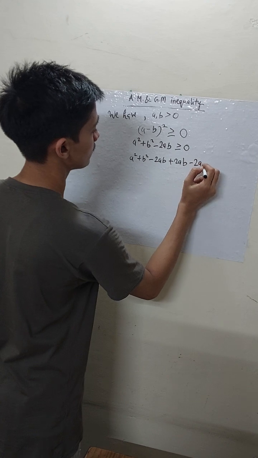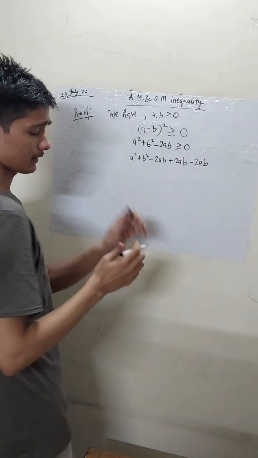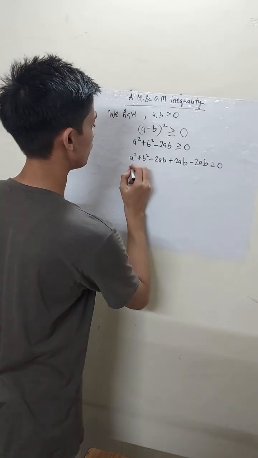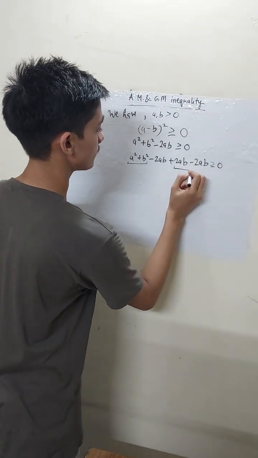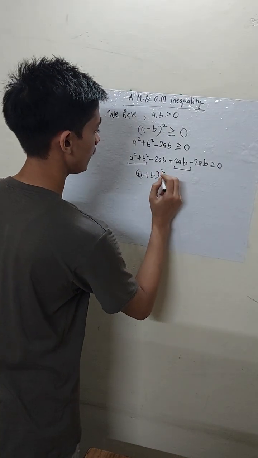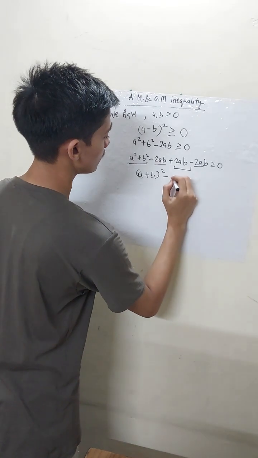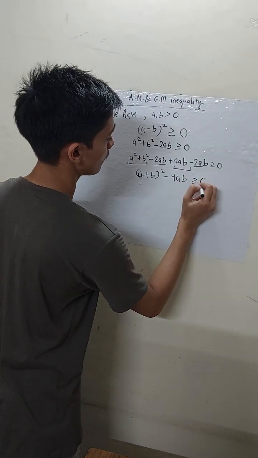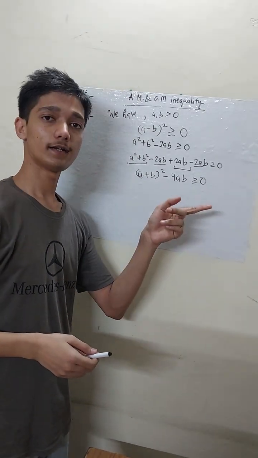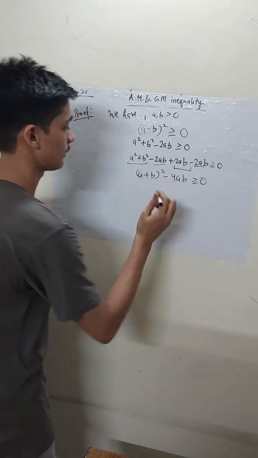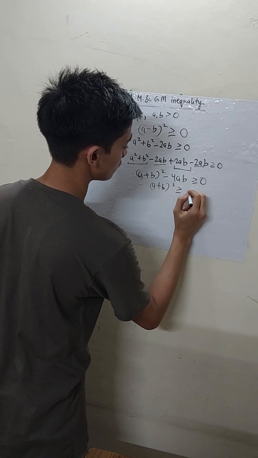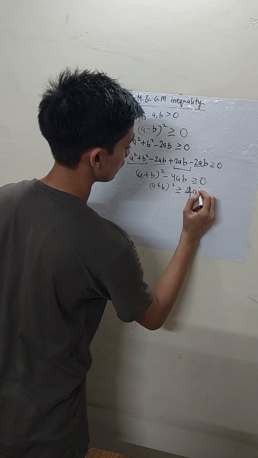The A square, B square and the added 2AB make (A plus B) raised to the whole square, and the remaining two terms contribute to the minus 4AB. Now we move 4AB to the right hand side of the inequality. (A plus B) whole square is greater than or equal to 4AB.